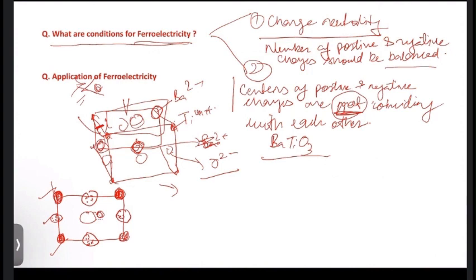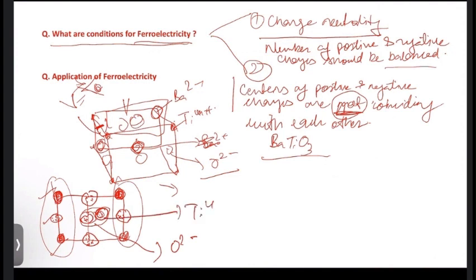The centers of positive charge are coinciding, and these are also coinciding with each other. But if you see from this point of view, you will realize the center of this atom is not coinciding with this atom. And this is an atom of O2 minus, and this is titanium 4 plus.